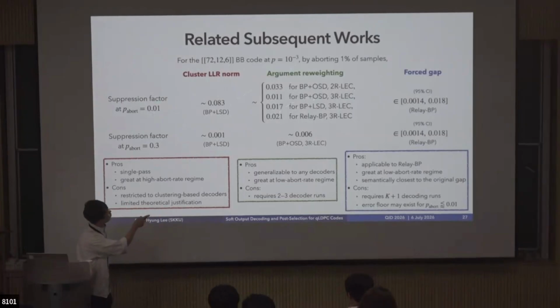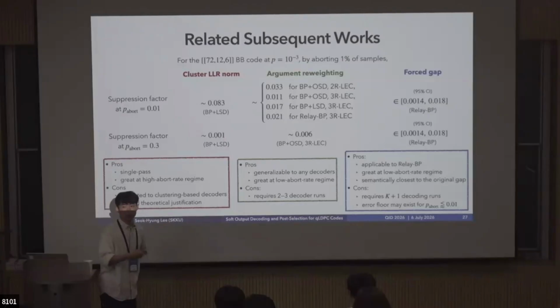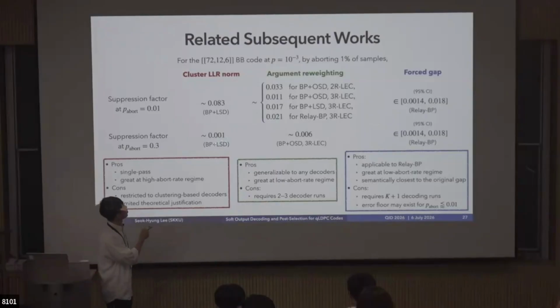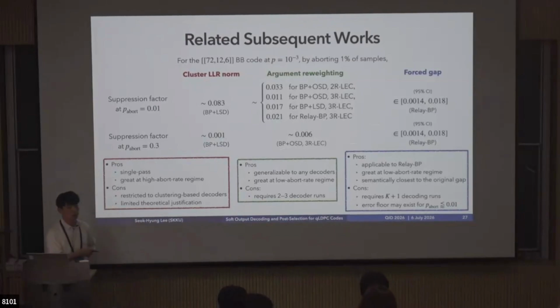As I said, the argument reweighting method is applicable to different decoders, so they show different performance between them and the first gap method. However, for larger abort rates, we showed that the clustering-based method still shows some advantage over these other two methods. Yeah. So what's the relationship?